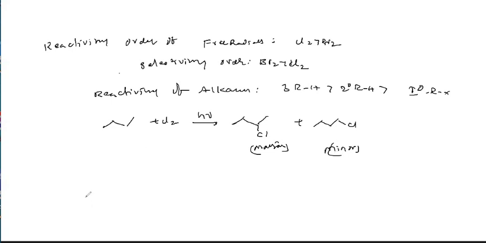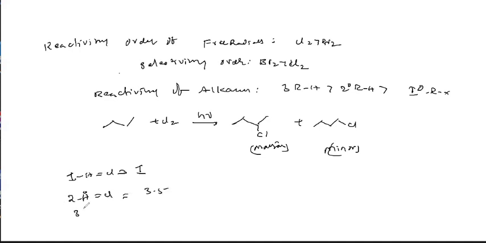Again, I already explained in the first year class that primary hydrogen replaced by chlorine, the value is 1. Then secondary hydrogen replaced by chlorine, the value is 3.5.